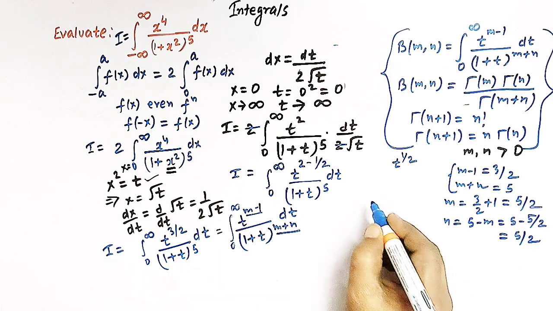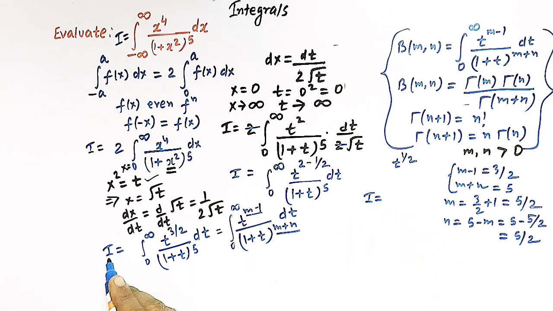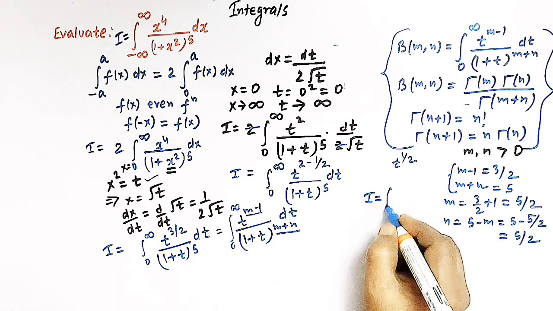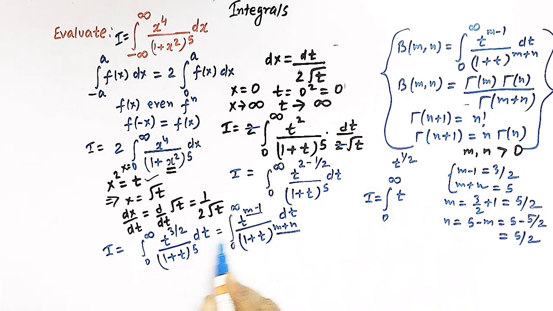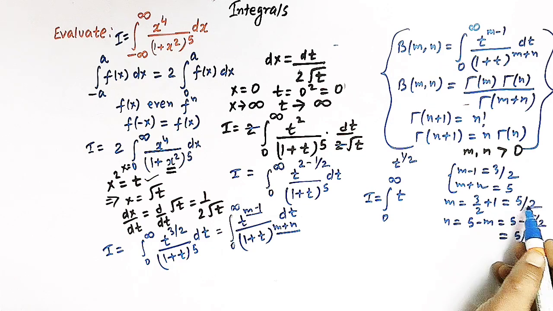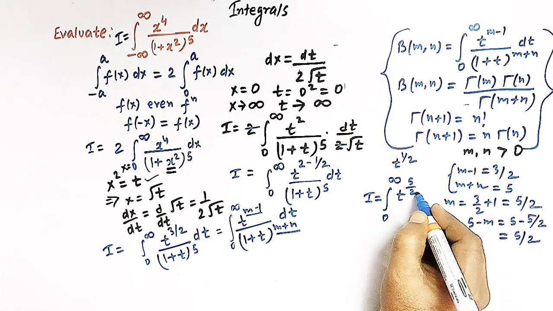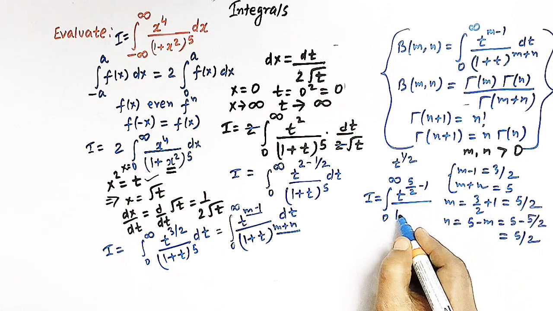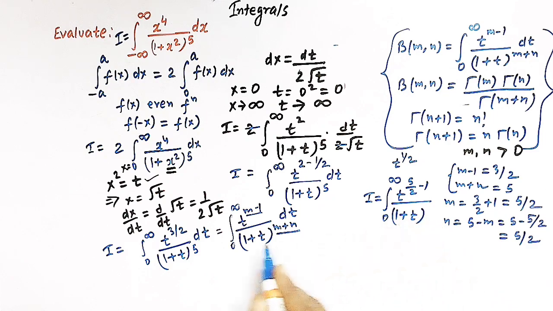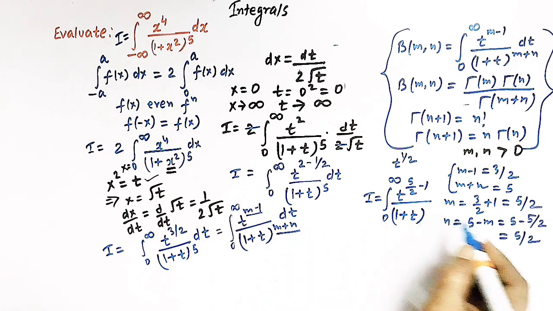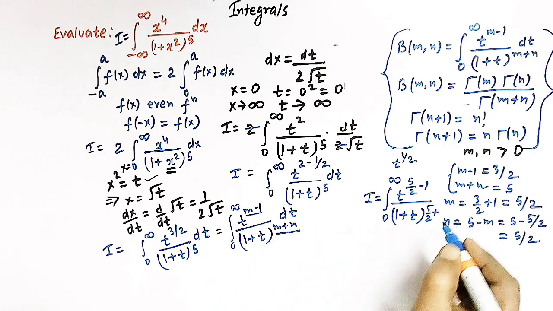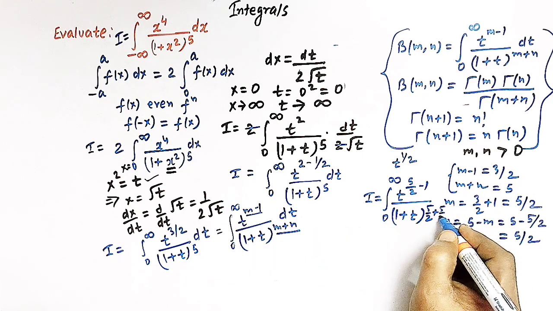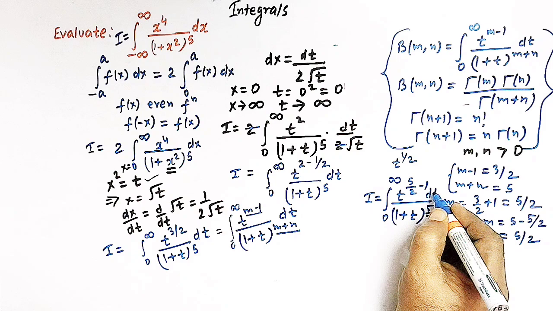So now this integral I can be written as 0 to infinity, and we have t raised to m minus 1. So m is 5 by 2. So here we can write 5 by 2 minus 1, and 1 plus t raised to m plus n. So m is 5 over 2, and n is also equal to 5 over 2, and here we have dt.